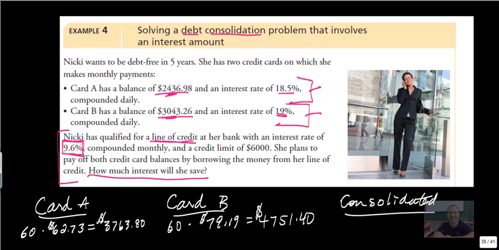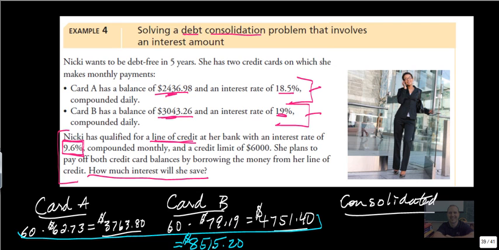So that's what we're totaling there. So if we took a look at these values individually, we'd have to add them up, right? So this is what she would owe for card A and card B equals $8,515.20. So that's the total that she would owe.